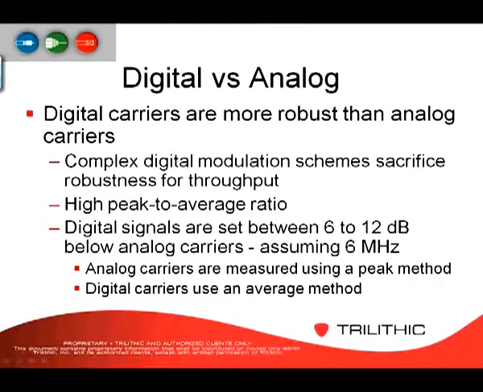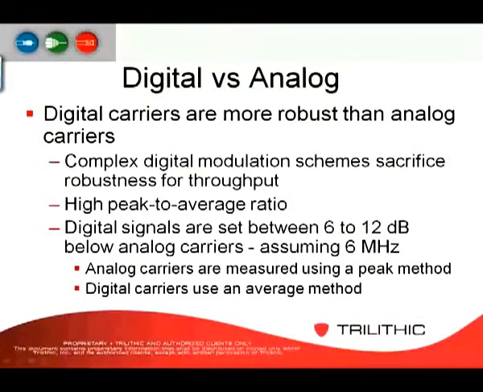Digital carriers are more robust than analog carriers. And complex digital modulation schemes sacrifice robustness for throughput. High peak-to-average ratio. Digital signals are set between 6 to 12 dB below analog carriers, and that's assuming 6 megahertz channel spacing.